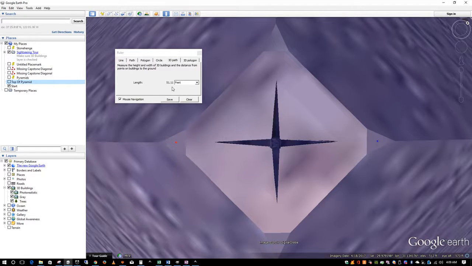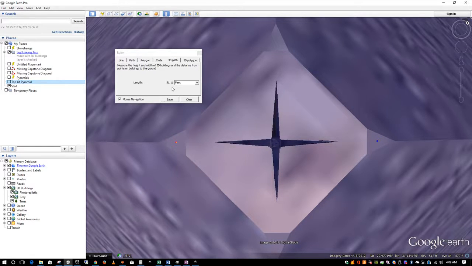So 5184 is the length of the diagonal of this thing, and 36.656 would be the square root of 2 of that.